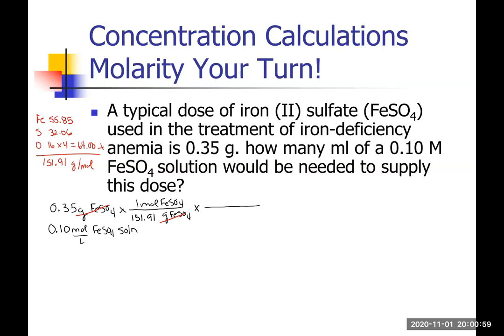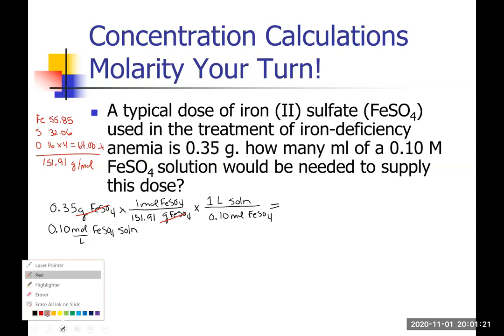So I'm going to put 0.10 moles of FeSO4 on the bottom and the 1 liter of solution, FeSO4 solution, on the top. And now I can cross cancel these moles of FeSO4. I'm left with the volume of solution. That's what they're asking me for. How many mils of this solution is needed to supply this dose?